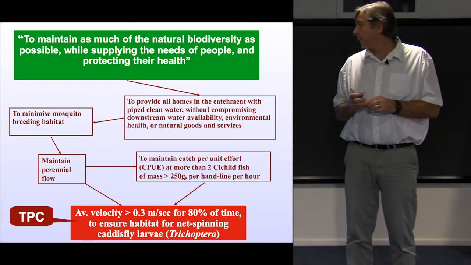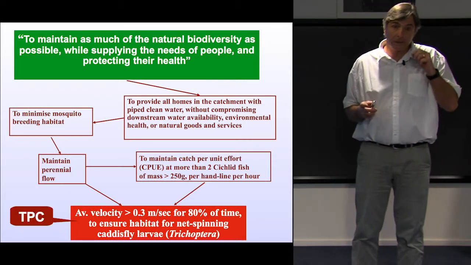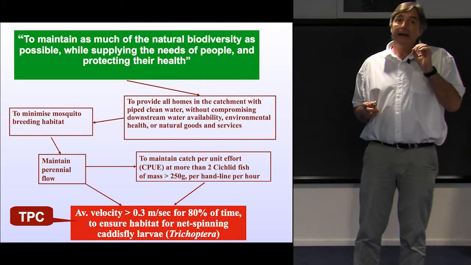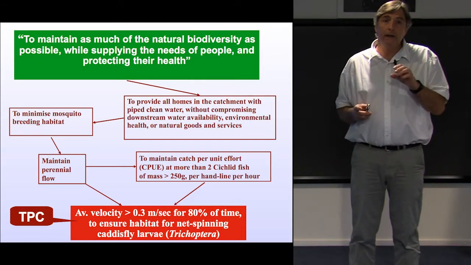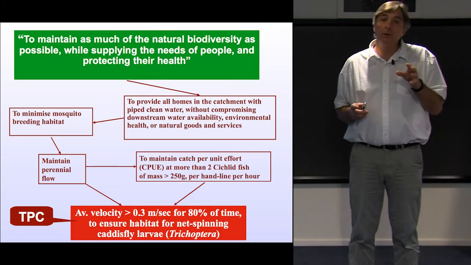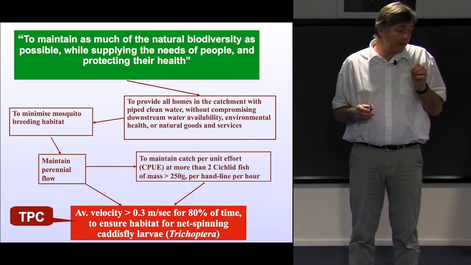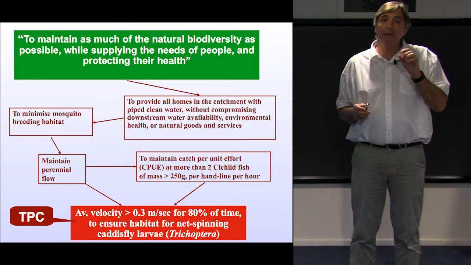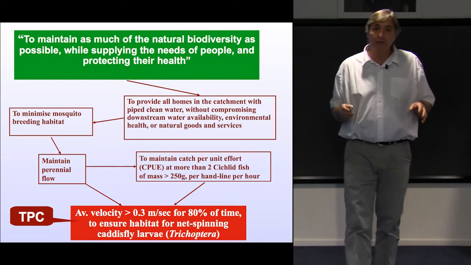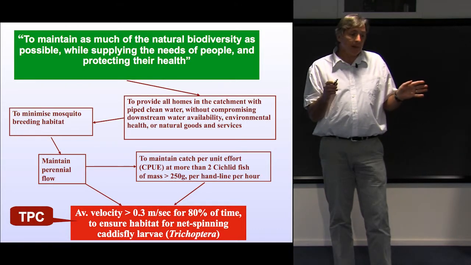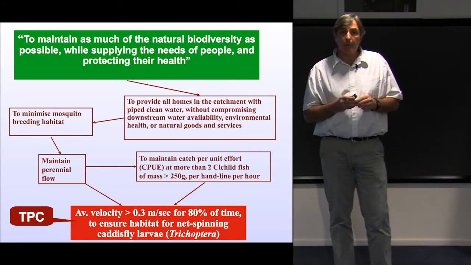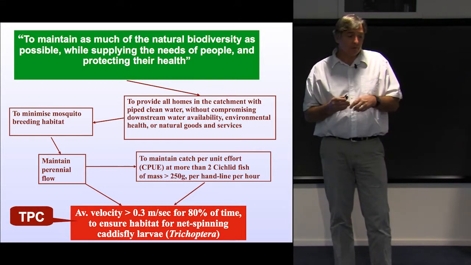stakeholders. That's what we call a TPC, or threshold of probable concern, which is a specific objective which can be monitored and measured, and which will indicate before there's a real crisis in the river that there may be something happening that could be a problem, and it requires a management response.